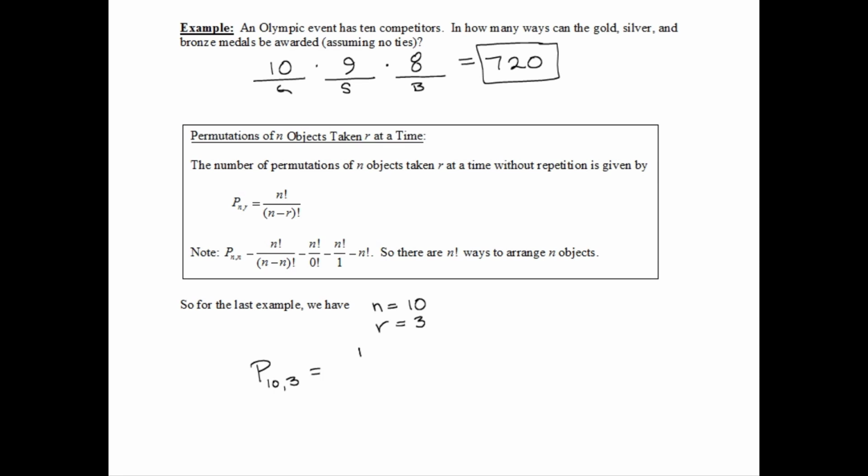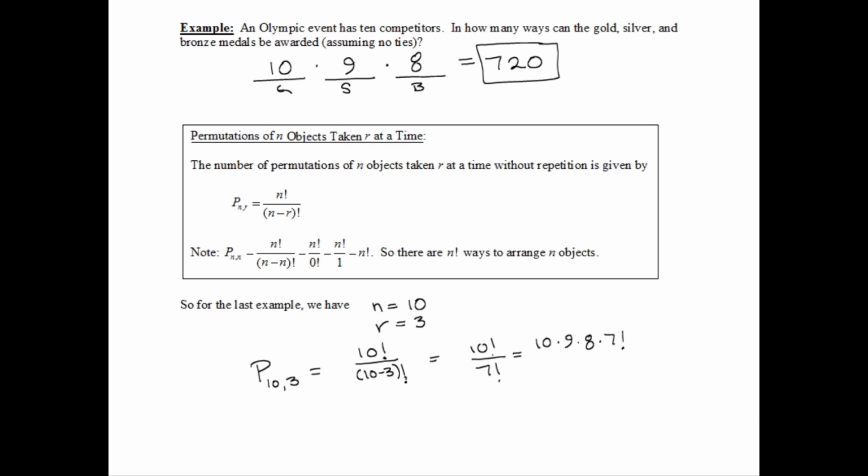This is going to be equal to 10 factorial over 10 minus 3 factorial, which is 10 factorial over 7 factorial. Now, if you remember from when we did factorials, we can reduce this factorial. This is going to be 10, 9, 8, 7, 6, 5, 4, 3, 2, 1.